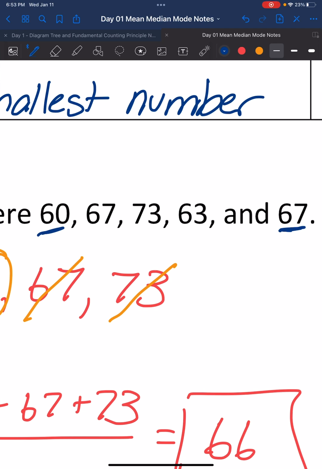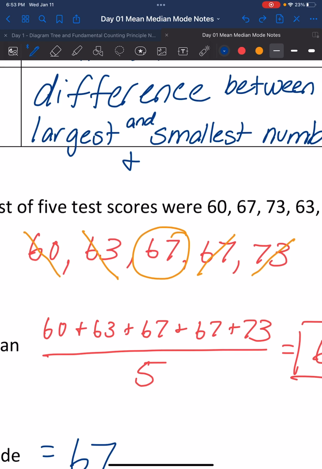But if we are not putting them in order, I am forgetting about my 73 or any other number that may be actually lower than 60 if I had that in my data set. And so that's why you want to make sure you are going off of what you have ordered previously.